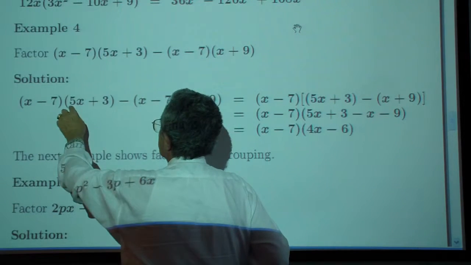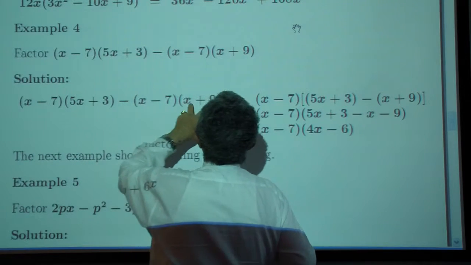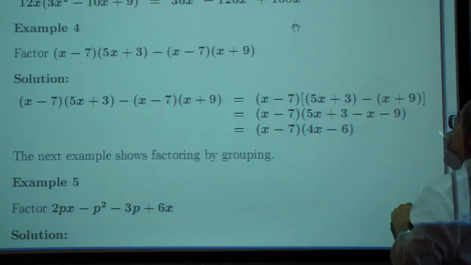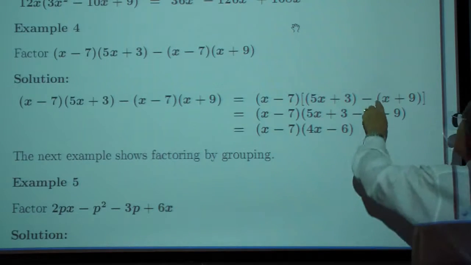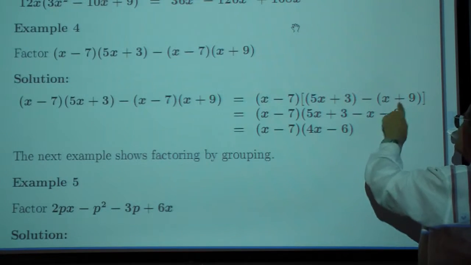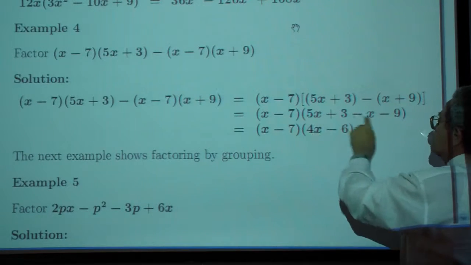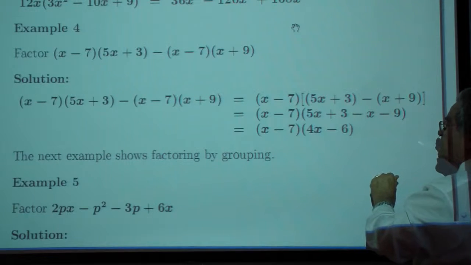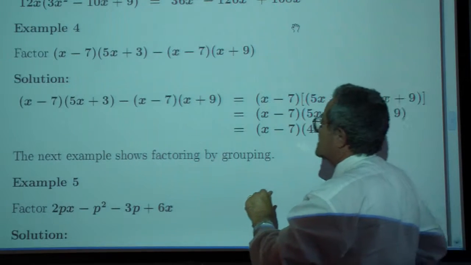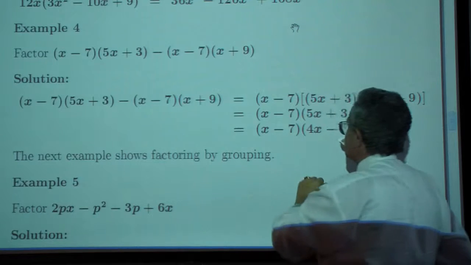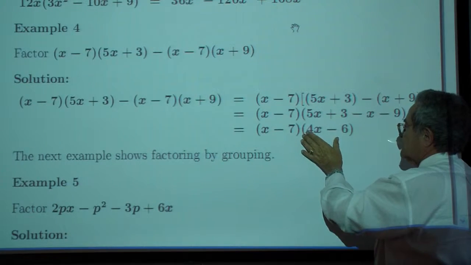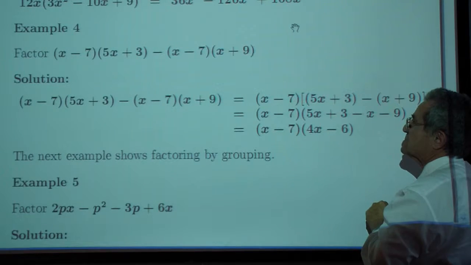What are you left with? 5x plus 3 minus the quantity x plus 9. 5x plus 3 minus the quantity x plus 9 can be rewritten as minus x minus 9. Combine like terms, you get 4x, and 3 minus 9, or negative 6. You have transformed this difference into a product: x minus 7 times 4x minus 6.